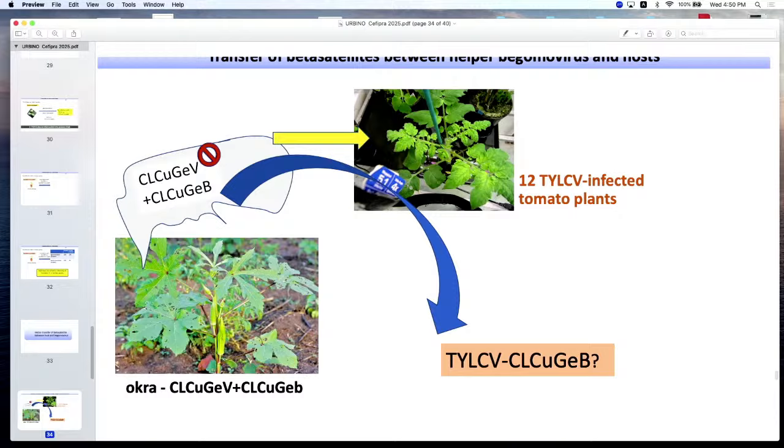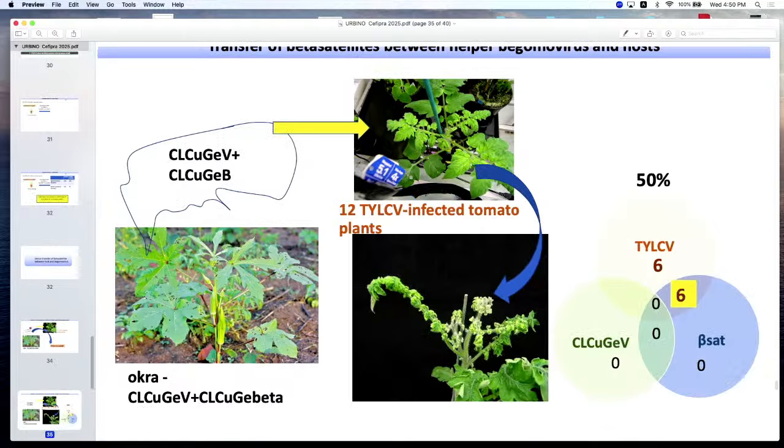So if this Bemisia arrives on a plant which is already infected with TYLCV, can it become TYLCV plus beta satellite? That means that the beta satellite could be transferred. So we tried, the experiment was done twice, and in 50% of the cases we obtained plants which have the beta satellite.